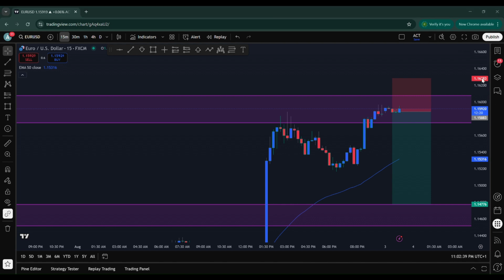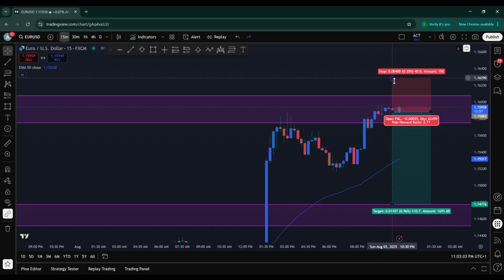So what I do first is to take my first entry and then place my risk to the level where I want to have my stop loss. I have my stop loss at, what's the price here? 1.1628.